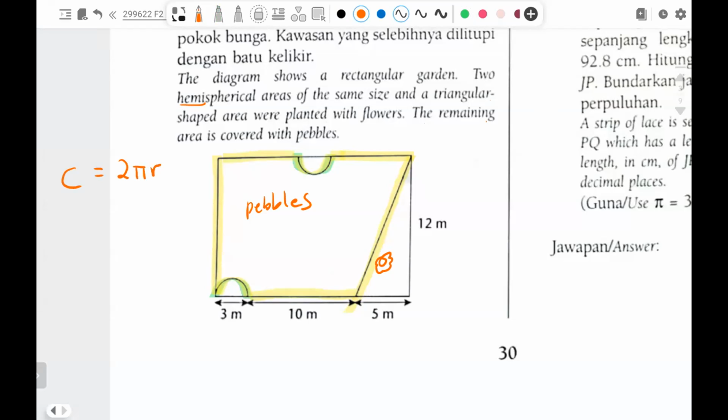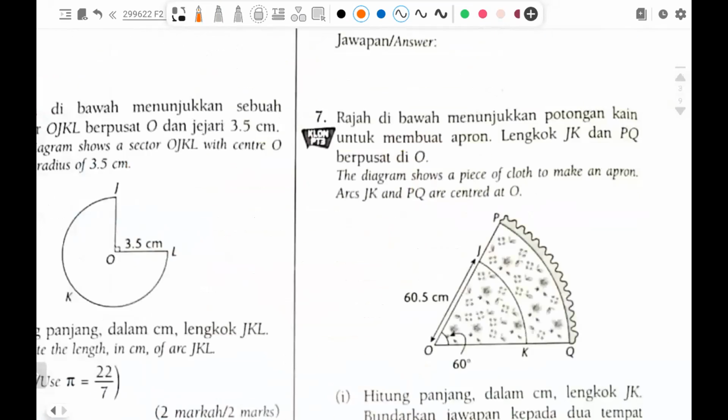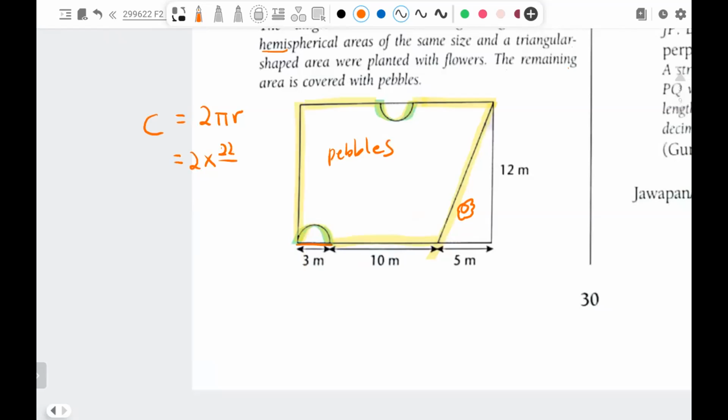So radius. Look at the radius. From here to here, 3 meter is the diameter, right? Radius is diameter divided by 2. 3 divided by 2 is 1.5. So we find out the length of circumference first. 2 times, what to use? 22/7 times 1.5.